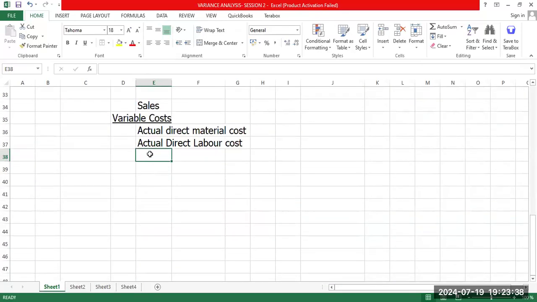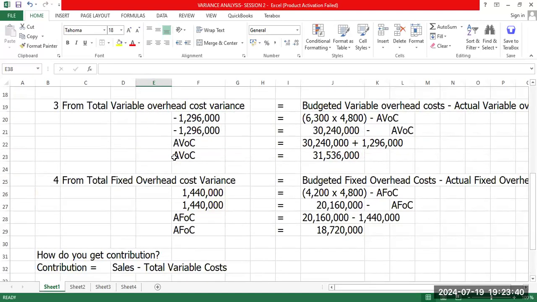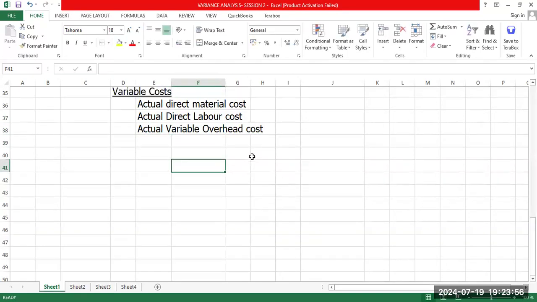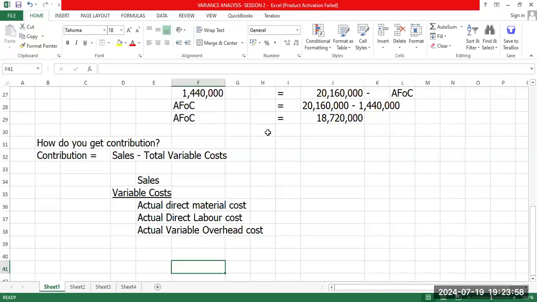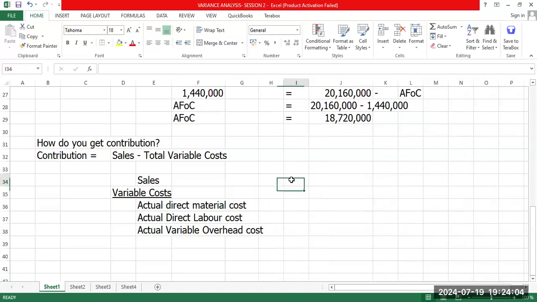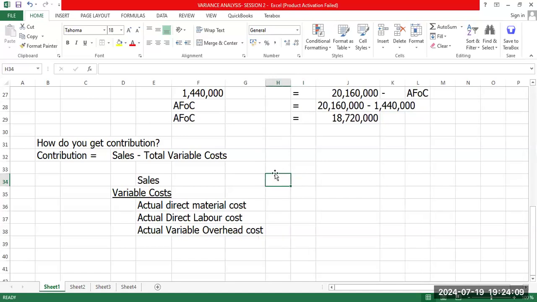Then we put actual variable overhead cost. Can you get sales?